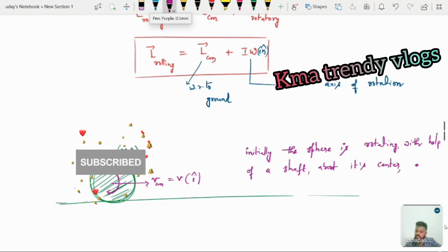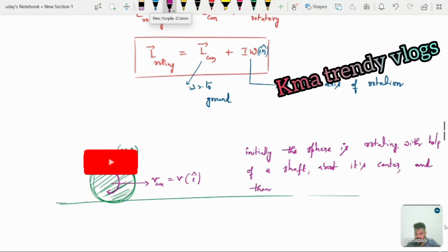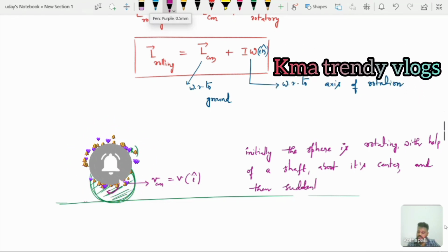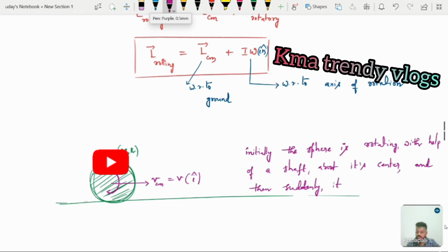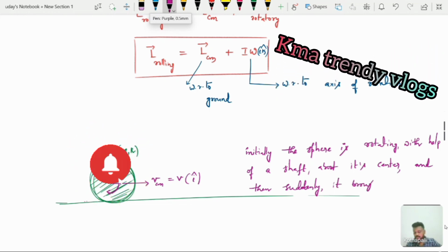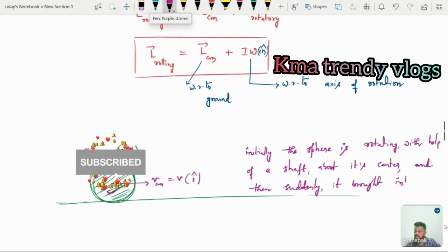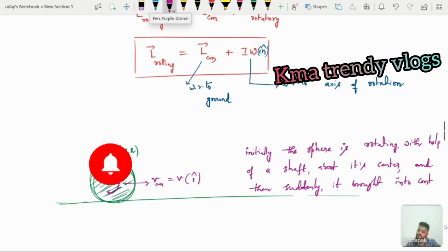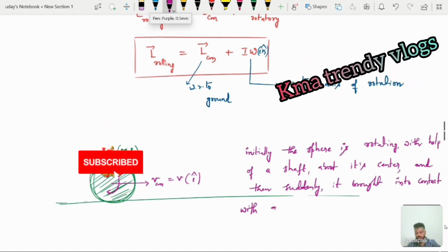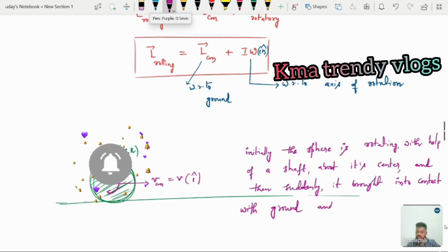And then suddenly it is brought into contact with the ground and left.